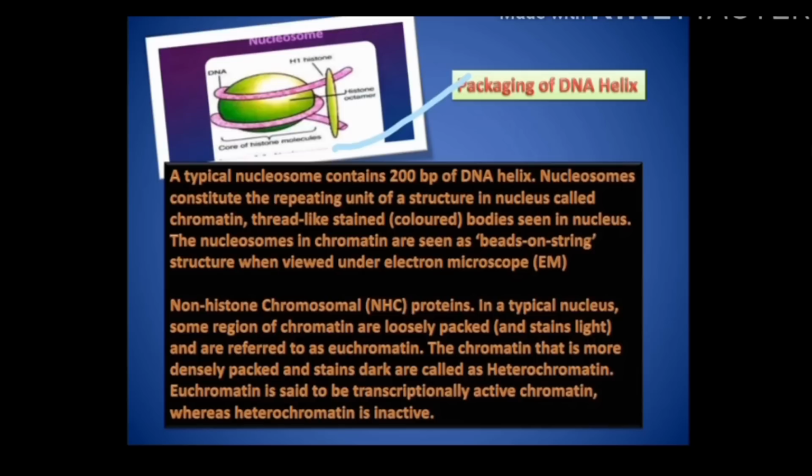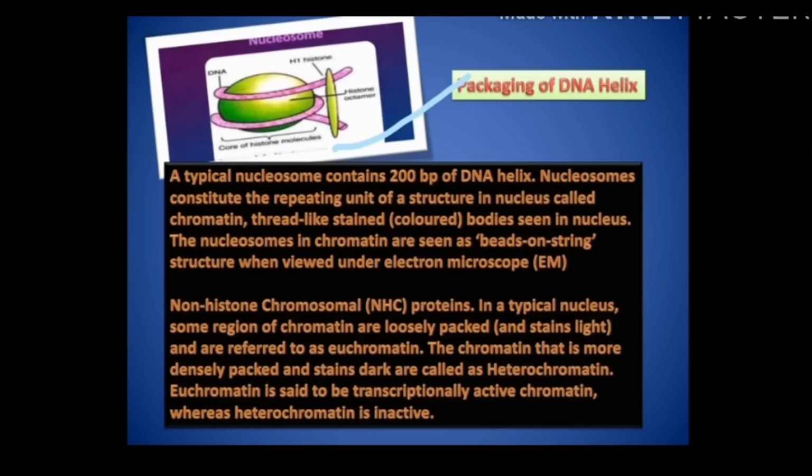Now each nucleosome contains 200 base pairs of DNA helix. So the DNA wrapped around one nucleosome uses 200 base pairs. You see how the DNA is wrapping around the entire octamer, right? I was telling you before that one turn of the helix contains 10 base pairs.